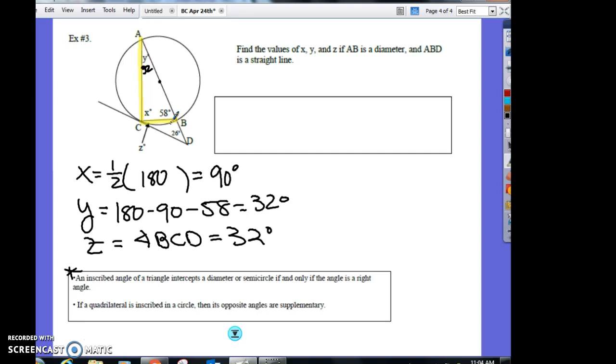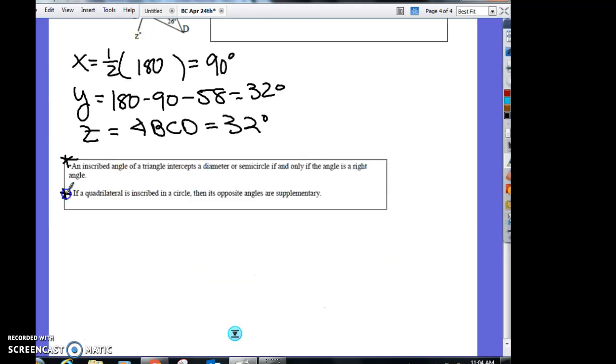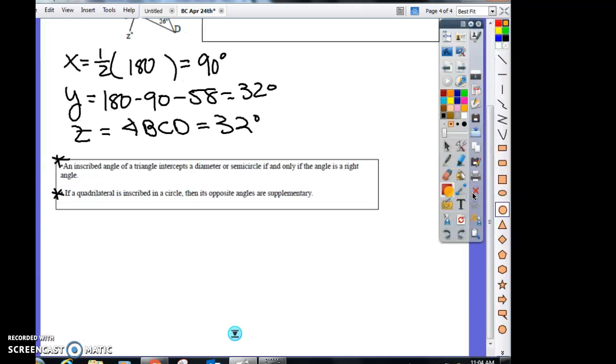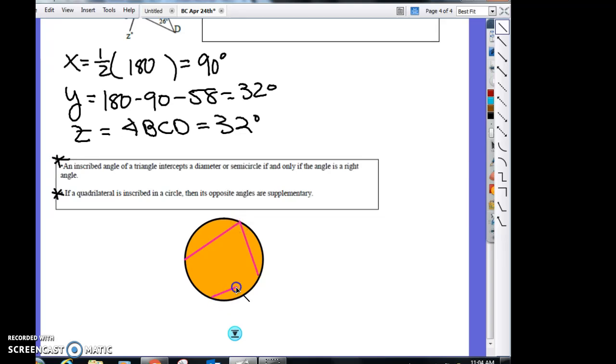And then there's another huge one right down below that I'd like you to take a look at, and we're going to draw a diagram to end it here. If you have any quadrilateral, so go ahead, take a circle right now, right below. Any quadrilateral, doesn't matter what it is. Draw in a nice quadrilateral.